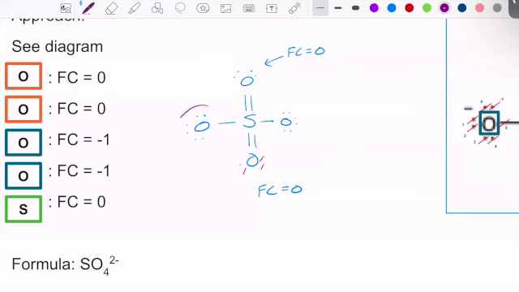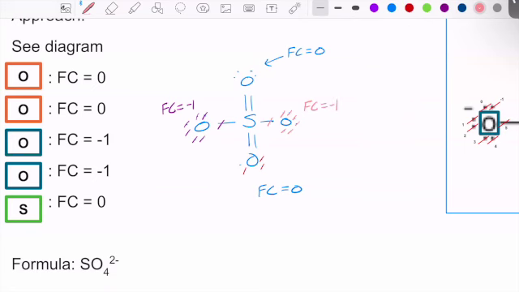We know this oxygen here is also 6, so we're going to apply the same rules, counting from 5. 5, 4, 3, 2, 1, 0, minus 1. So we know this formal charge is minus 1, like we see here. Applying the same to our other oxygen: 5, 4, 3, 2, 1, 0, minus 1.